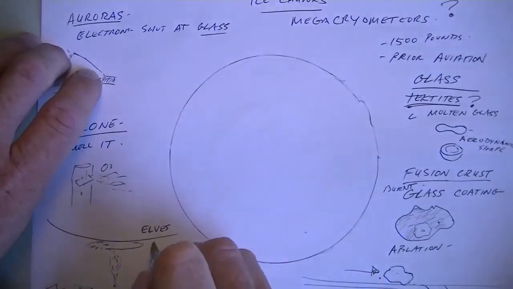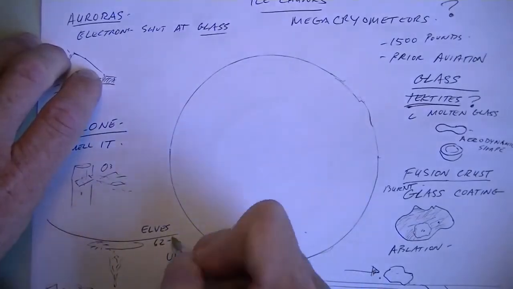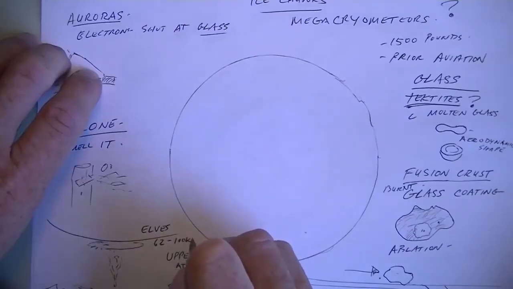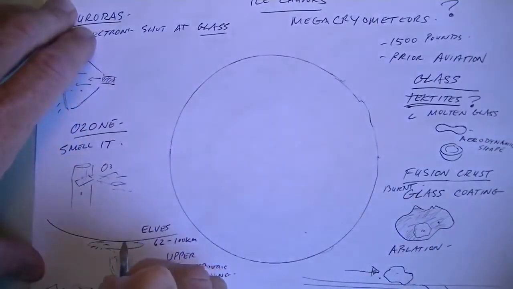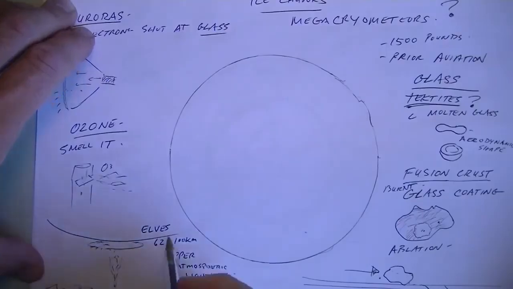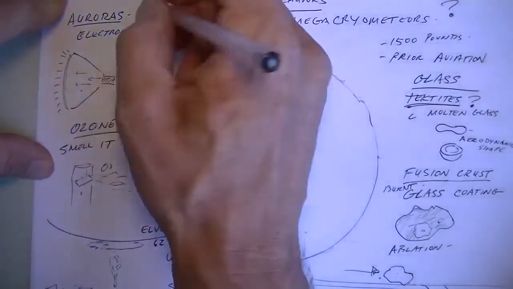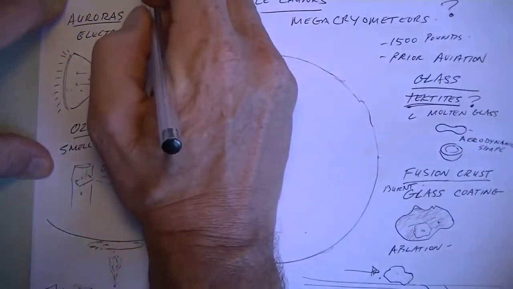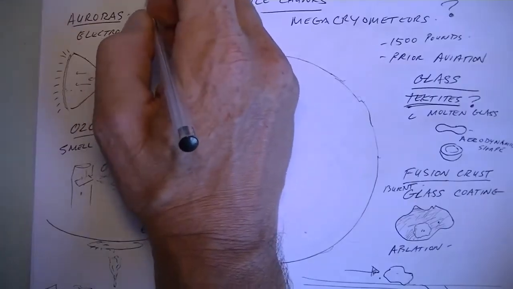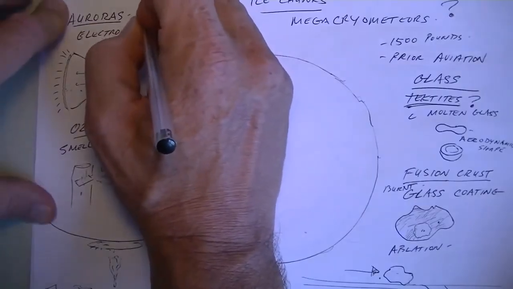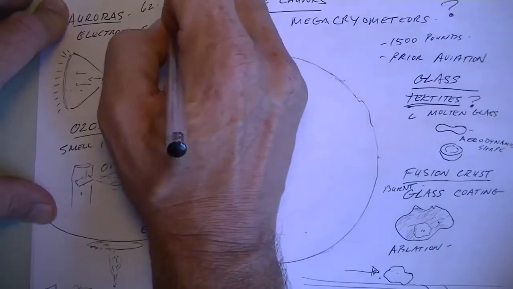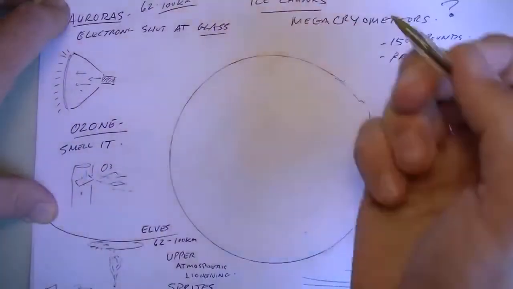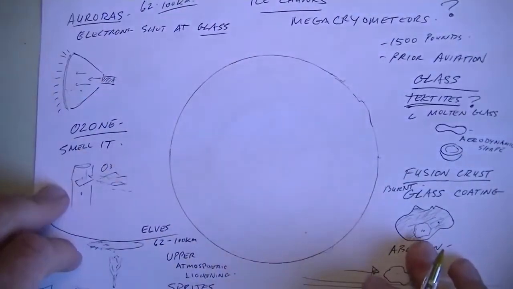And the altitude of the elves is 62 miles high, or 100 kilometers. That's how we know the height of the glass ceiling. Same thing with auroras. They say the lowest part of the aurora is at 62 miles, 100 kilometers. So that's where we get the 62 miles from.